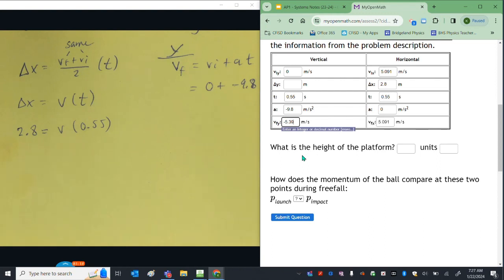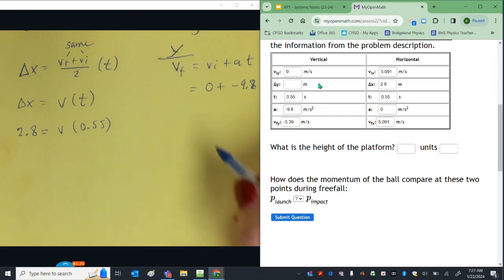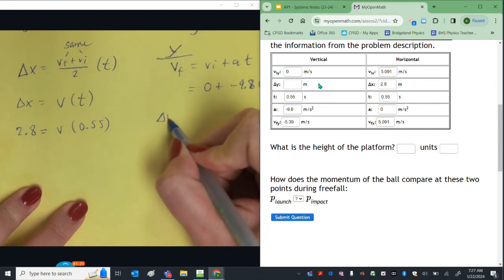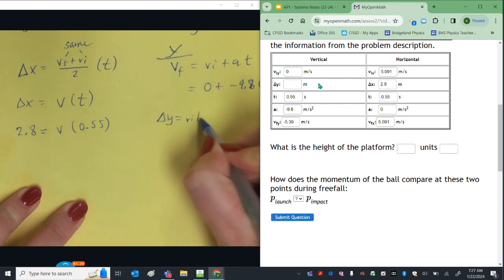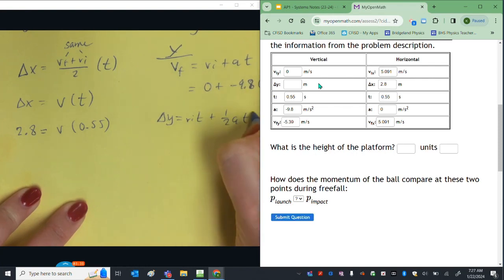In the displacement vertically, the last thing I need to solve for, again, I can use any equation that has delta y in it. I'm going to go ahead and use this one. Delta y equals Vi t plus 1/2 a t squared.